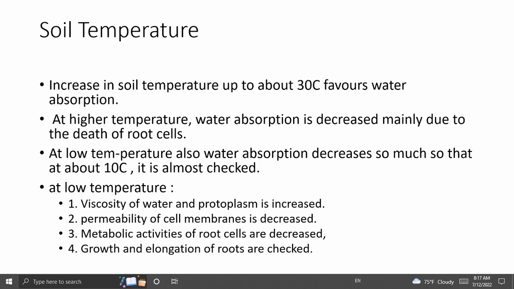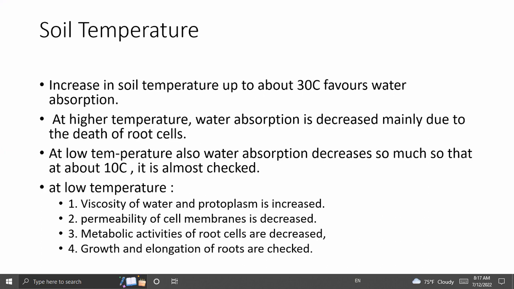But on the other hand, more temperature increases transpiration, and transpiration pull also exists. In that case, to a certain level, water will be absorbed along with the soil temperature. But beyond that, it is dangerous to the plant cell, and the stomata will also be closed. The absorption is stopped.